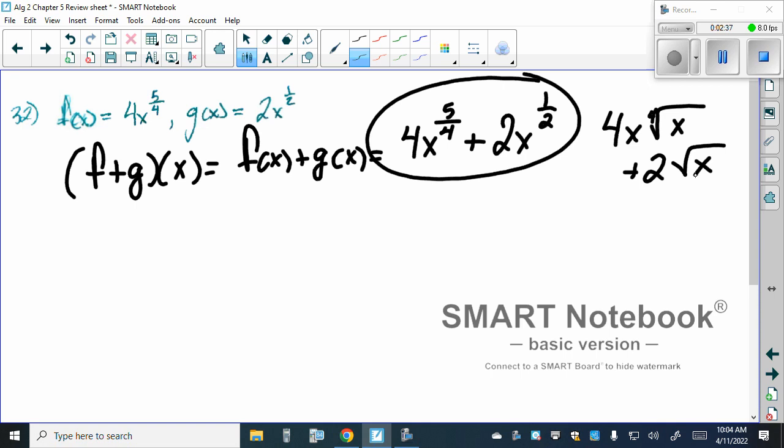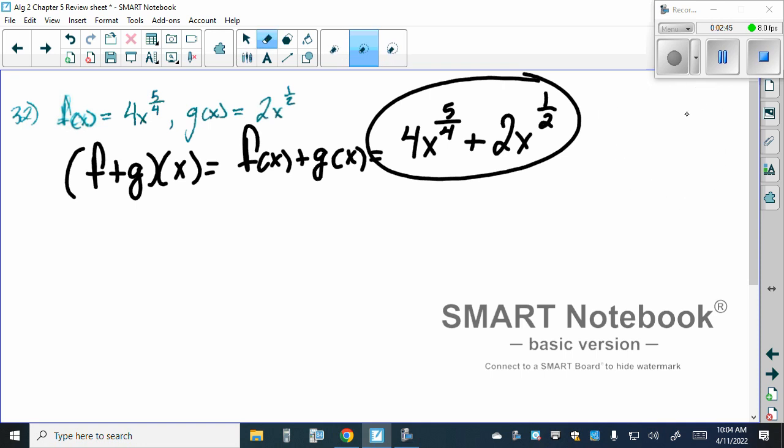Those are not the same in any way, shape, or form. So we can't actually add them together. The only way that we can add them is if it would have been x to the 1/2 and x to the 1/2. If those variables had the same exponent, then we can add them.